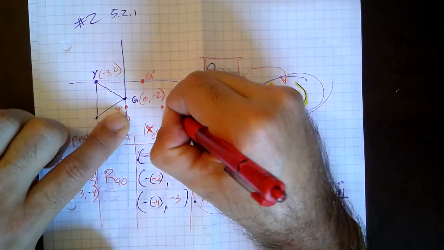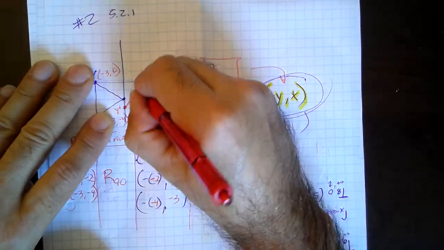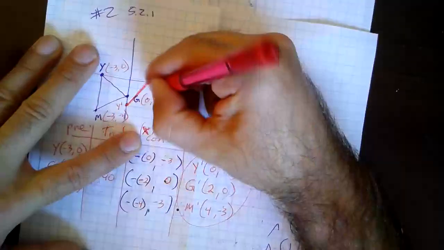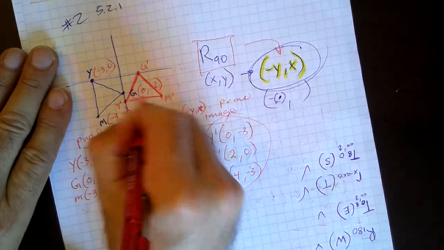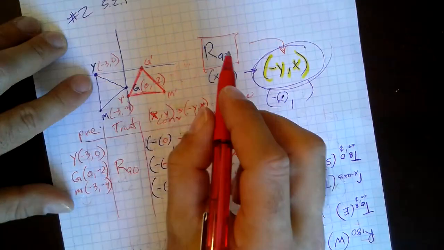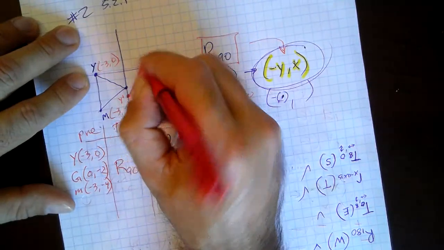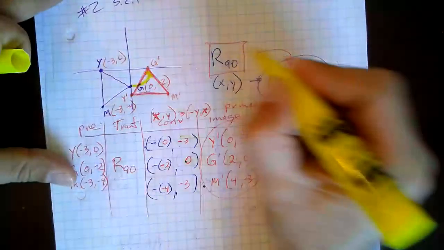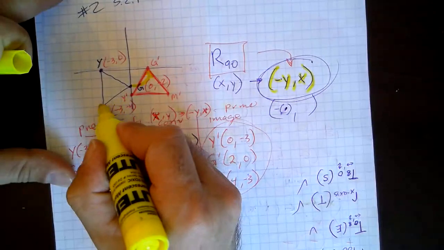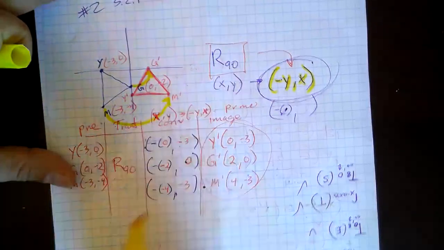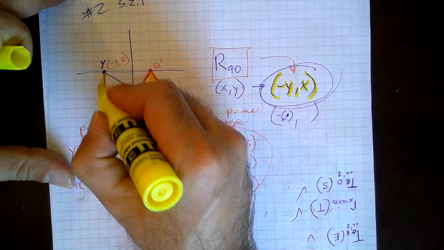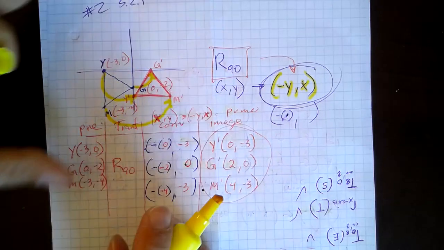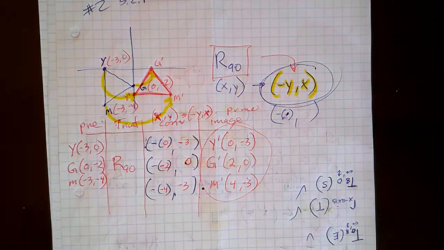So we end up with this new image from our pre-image because we rotated it 90 degrees. G rotated 90 degrees to G prime, M to M prime, and Y to Y prime. It's hard to visualize it, so you have to use the conversion factor.